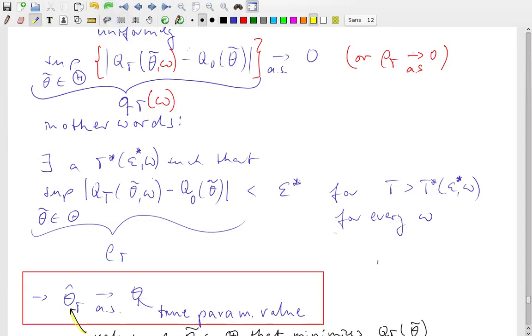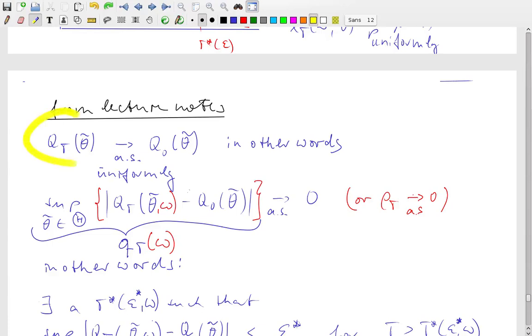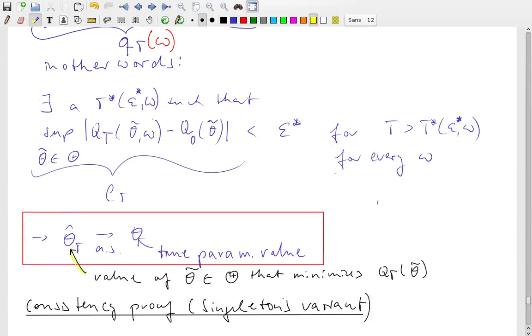And the point of the consistency proof is now, if you have this specific kind of stochastic convergence of the qt functions to the q0 function, along with the other conditions like the unique minimum of the q0 function at the true parameter value theta and the compactness of the parameter space, you can conclude, if you have these assumptions in place, that your extremum estimator is consistent, even in a strong sense.